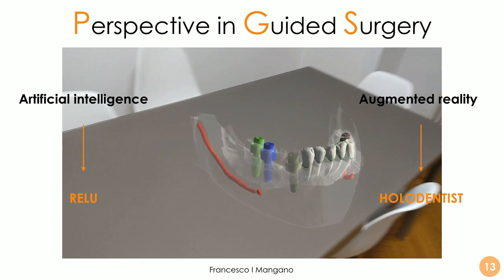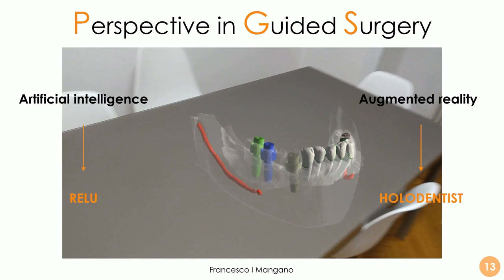So the idea is to skip all the possible steps of the planning in a guided surgery software, but to use free STL and augmented reality and HoloDentist to plan everything. This is what we did and it works perfectly. So it is an idea we are developing and we are preparing a publication because we made some cases.